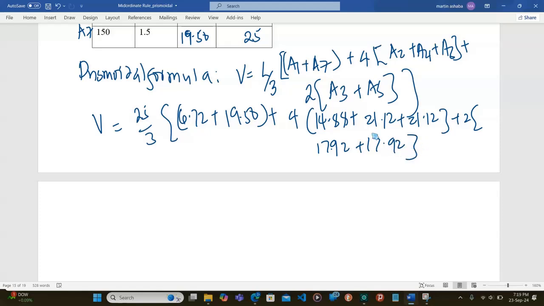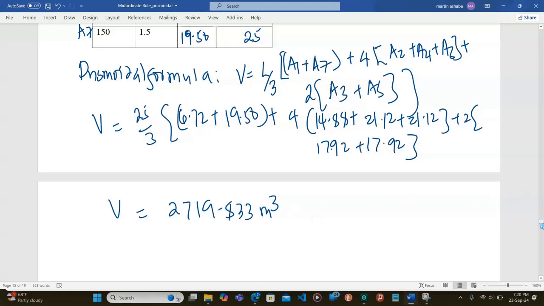When we use our calculators, we find that V is 2719.833 cubic meters. So according to the Prismoidal formula, the quantity that is going to be heaped to create that embankment is this.